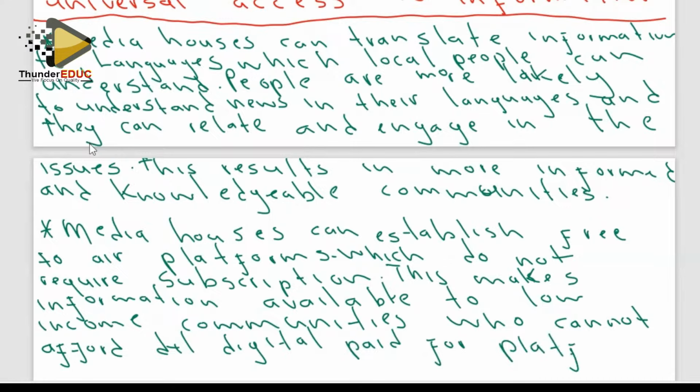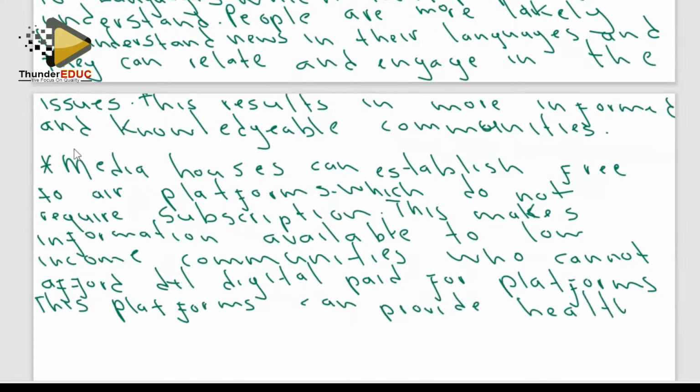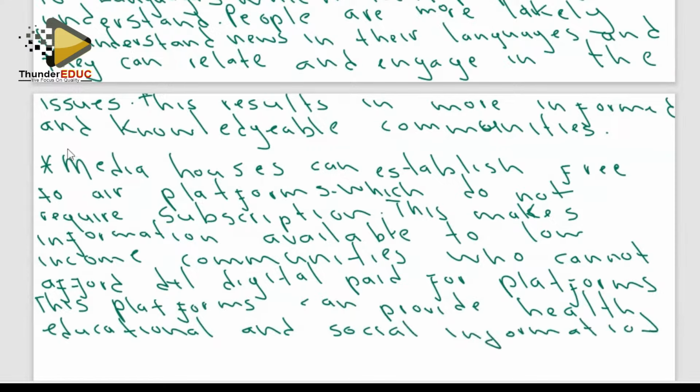So for those who cannot afford high data costs, there can be introduction of free-to-air platforms which can be accessed by anyone. Free-to-air platforms can provide health, educational, and social information to communities who cannot afford commercial subscriptions.